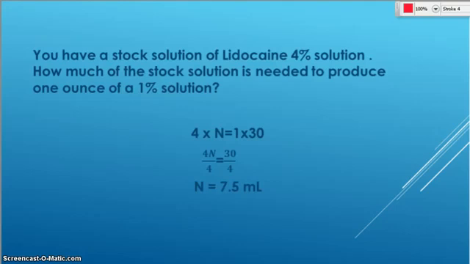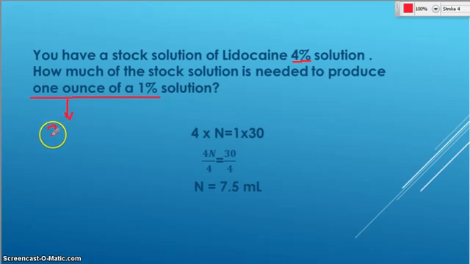And last but not least, we have a stock solution of lidocaine 4%. And it wants to know how much of the stock solution is needed to produce, there's that word produce again, so that tells you that's what we're making, 1 ounce of a 1% solution. Now the first thing I did was take that 1 ounce and change it to milliliters.